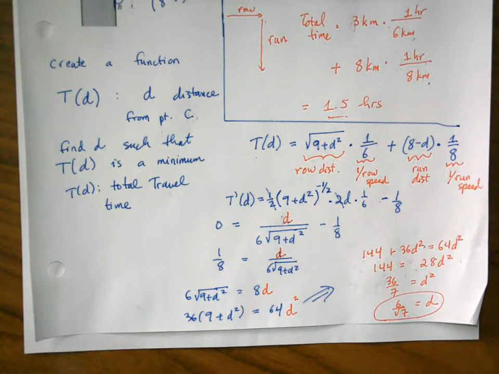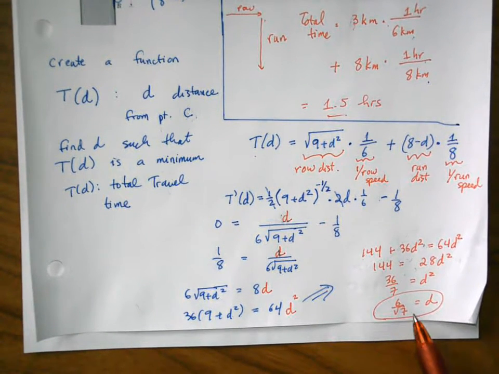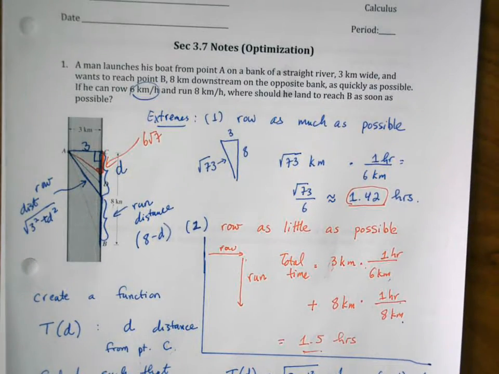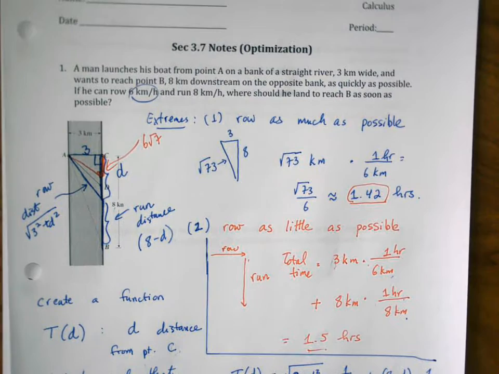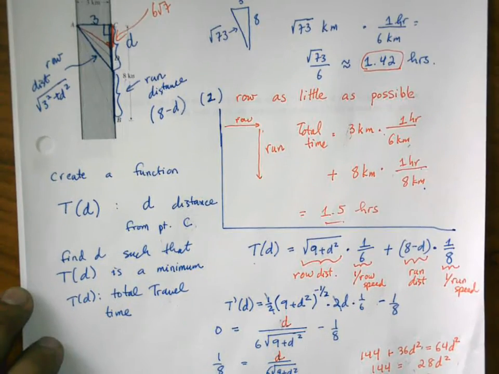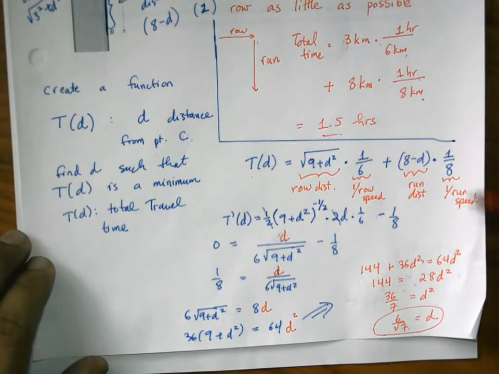minimize our time. Okay. Now, one thing that I kind of glossed over here was that we really needed to check to be sure that this point is in fact the minimum, but it really is. This is the only minimum that's going to exist in this particular function. Okay. So there we go. This is an introduction to optimization, and as you can see, one problem can be quite involved, and this one has taken us quite a while, mostly because I wanted to introduce some extremes here just so that we can use and compare.